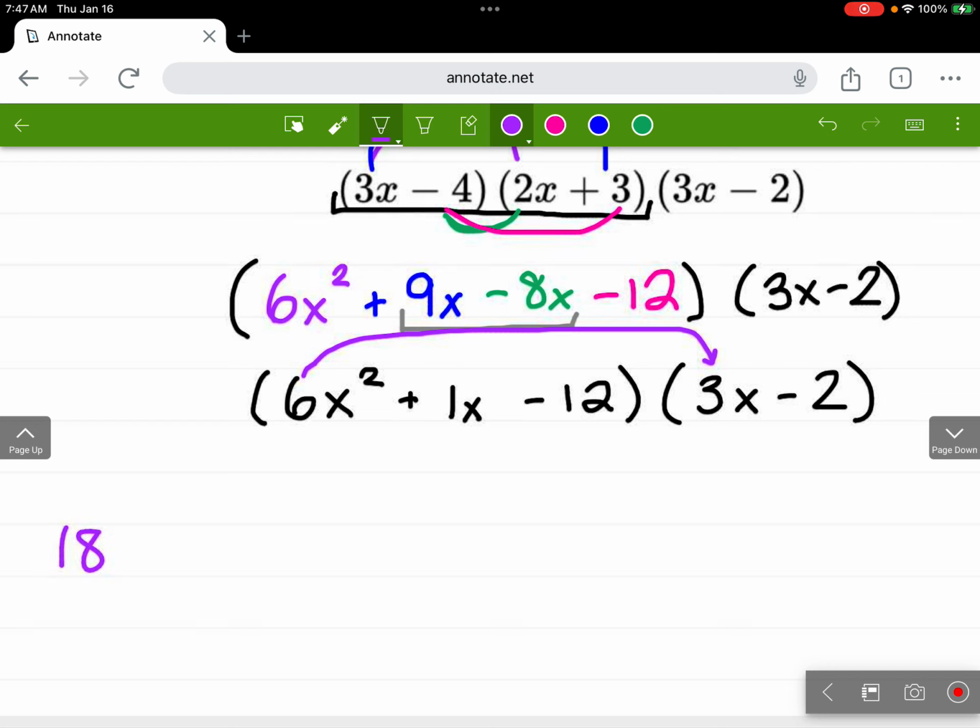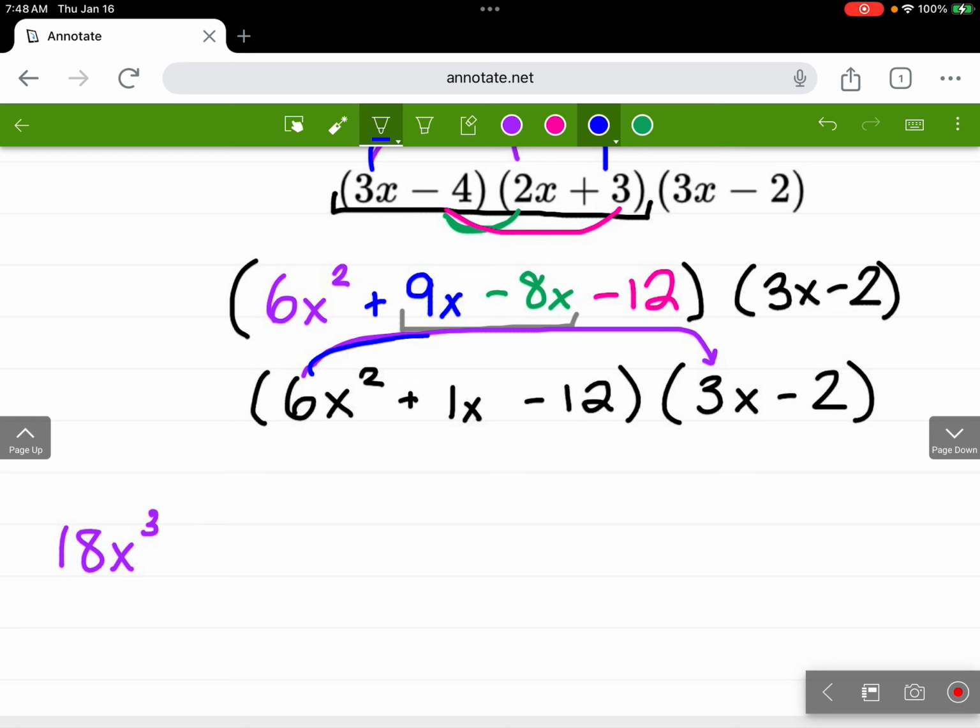And x squared times x is x cubed. So if doing the individual multiplications is a sticking point for you, that's a way to do it. Multiply your numbers, then multiply your letters.